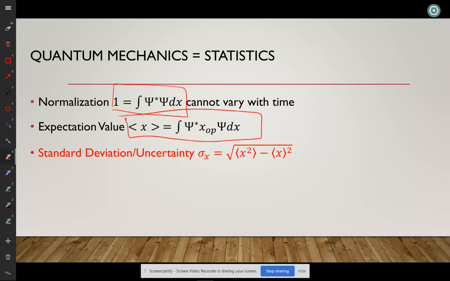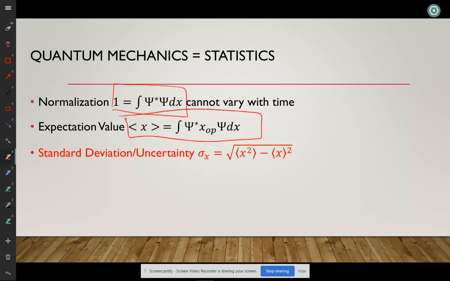You have to be able to, given a wave function and given an operator, be able to find the expectation value. And so you have integral over all space. Notice I don't have limits on my integrals, but it needs to be over all space. Our first problem, what would have been coming up on Monday, we're going to limit ourselves to a box. So all space is going to be from 0 to A, right? So that's why the limits actually aren't there, because it's over all space, whatever all space means.